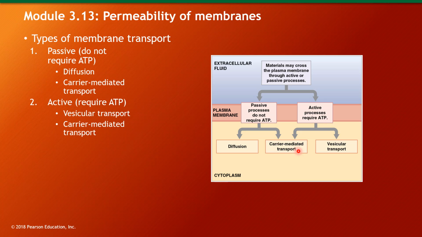This also involves carrier-mediated transport, so proteins that facilitate transport, but they need the ATP energy for transport of substances, and vesicular transport. Vesicular are for large proteins or amino acids. That involves molecules inside a vesicle that are going to exit the cell via exocytosis, and that requires energy in the form of ATP as well.